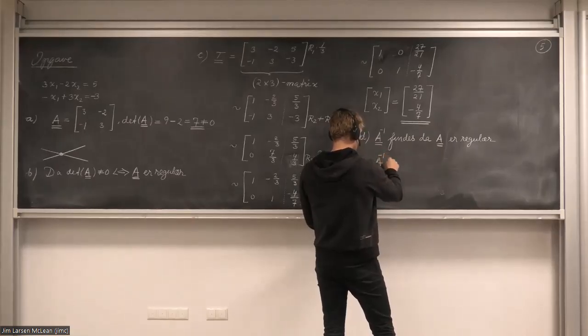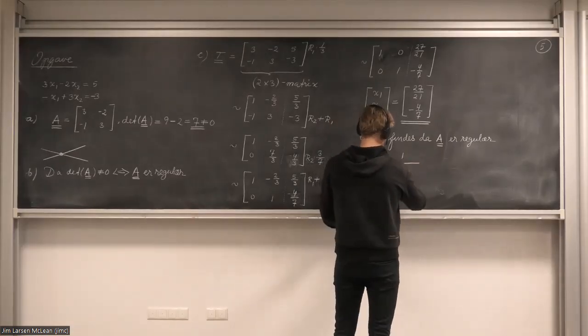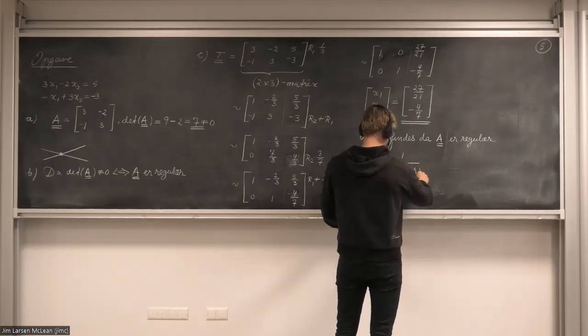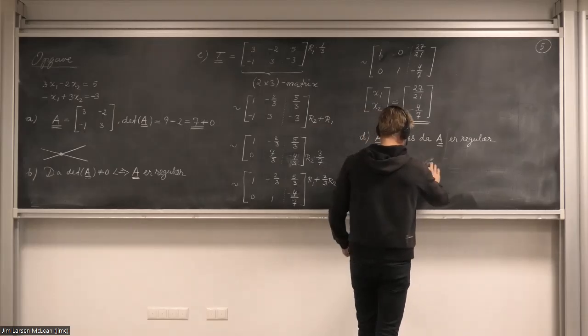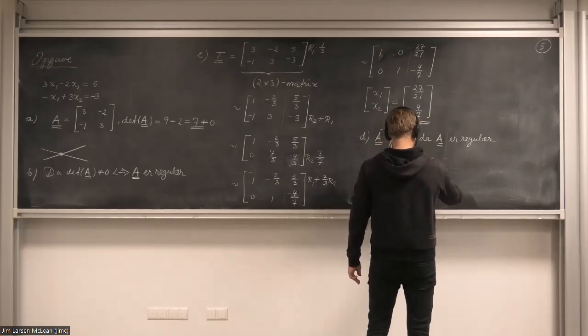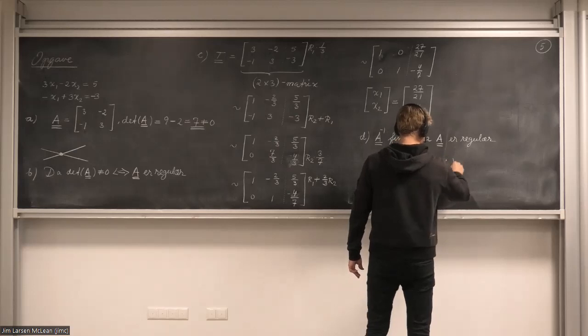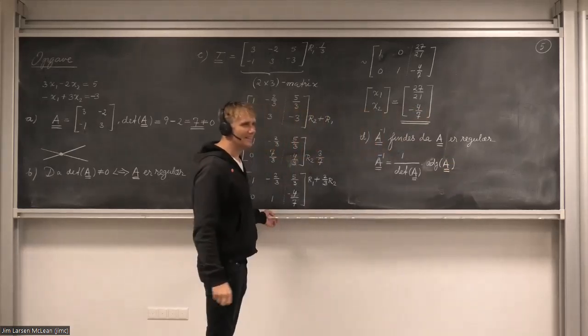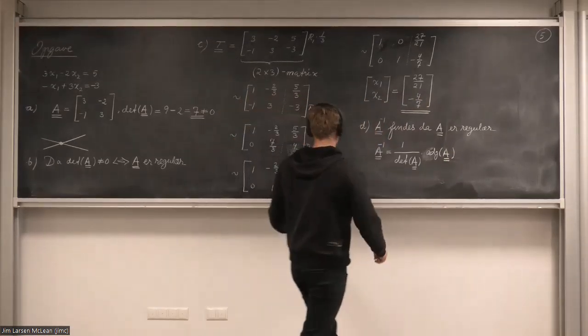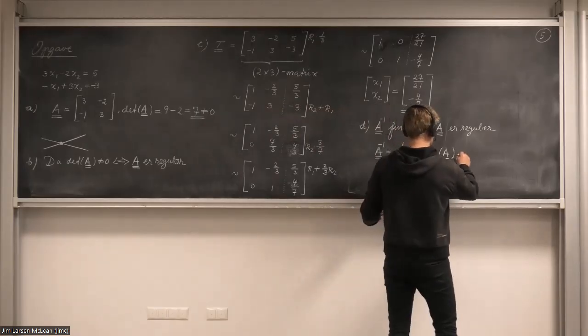The inverse is found by taking the reciprocal of the determinant of our matrix and then multiplying it by the adjugate, usually written as adj A. So that must give 1/7 because the determinant was 7.